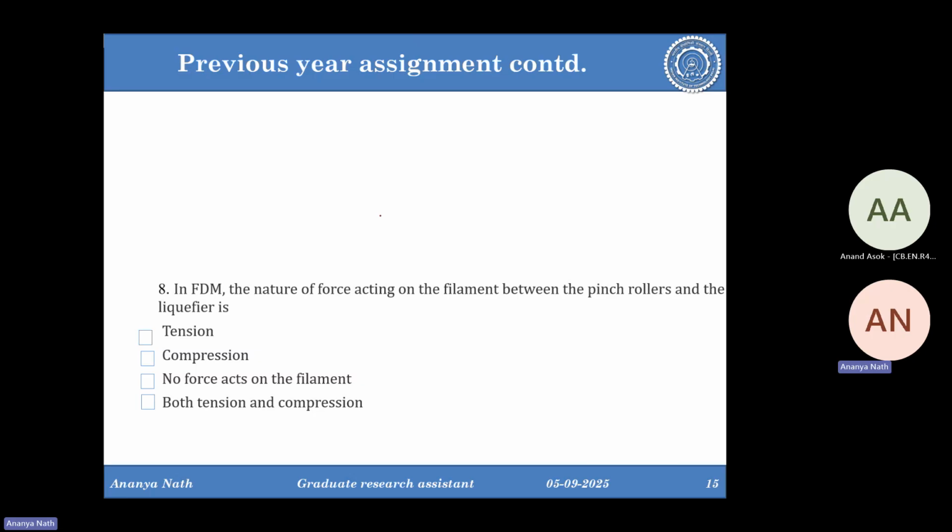So in FDM, the nature of force acting on the filament between the pinch roller and the liquefier is, see, the questions are a little bit mixed up. Compression. Between the pinch roller and the liquefier, it is tension. Yes, it's a tension and then it's compression.